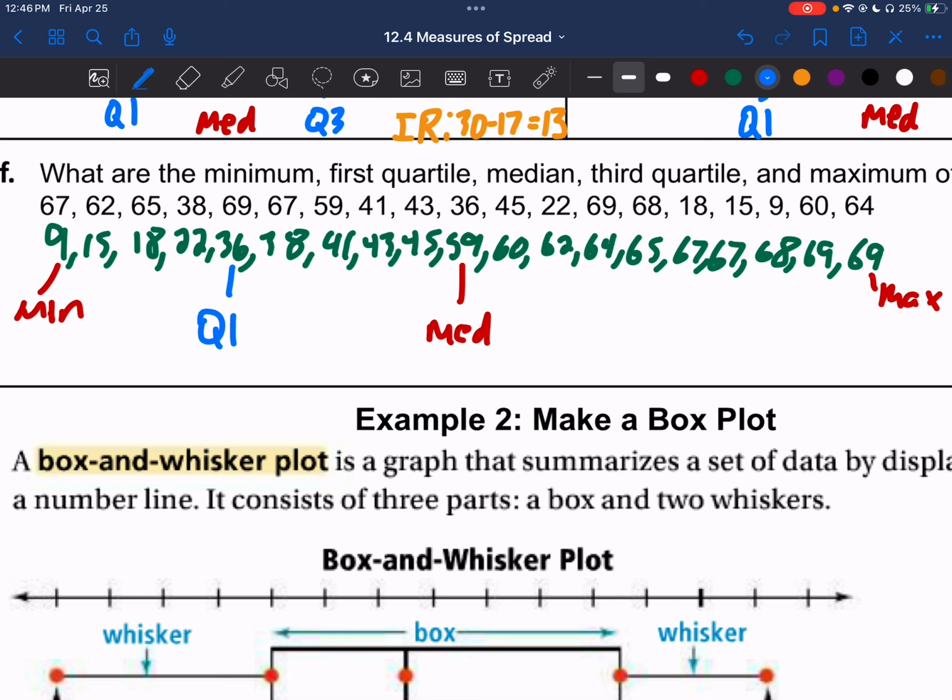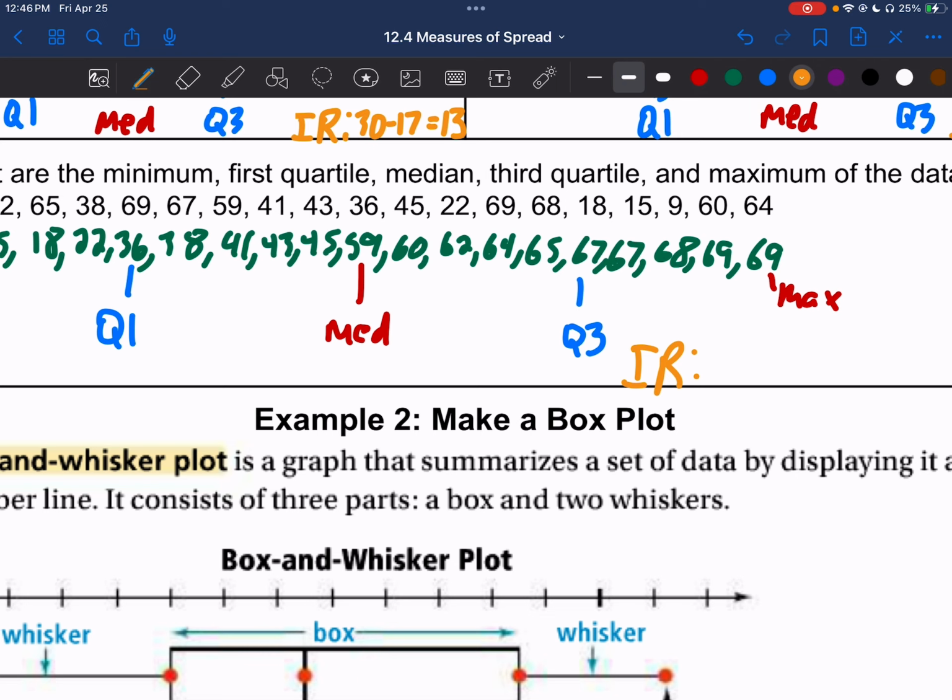We have 9 values to the right, so the median of that is going to be the first 67. And then interquartile range is going to be 67 minus 36, which is 31.